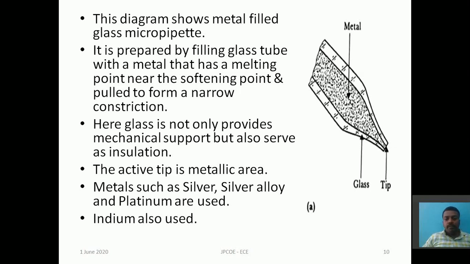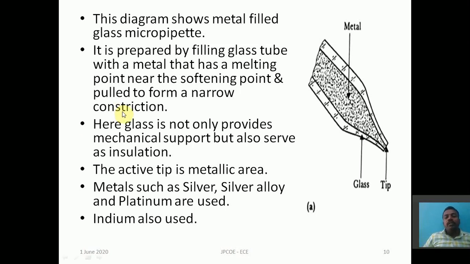It is a glass tube filled with metal that has a melting point near the softening point of the glass, and pulled to form a narrow constriction. Constriction means the narrow part.